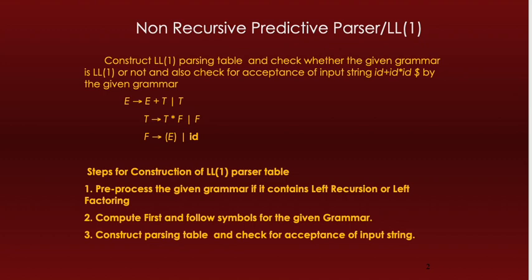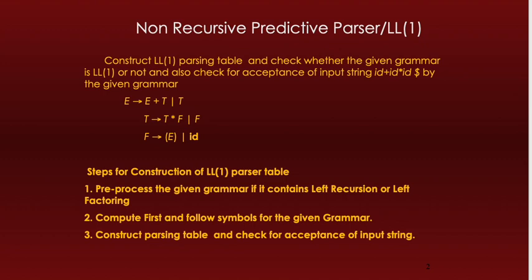The third step is to prepare a table with rows and columns. Row-wise you write all the non-terminals of the grammar, and column-wise you write the terminals, don't include epsilon but add dollar. I'll tell you that when we get to the third step. Finally, the fourth step: if an input string is given for acceptance, then you do that, or else don't do step 4.